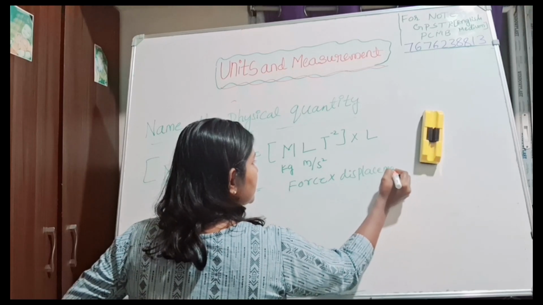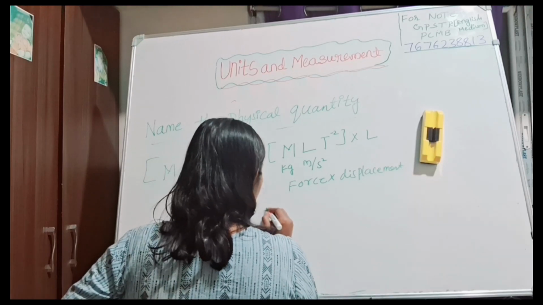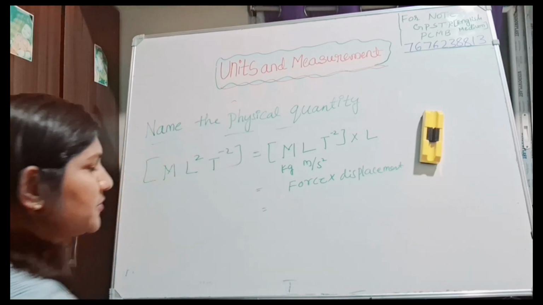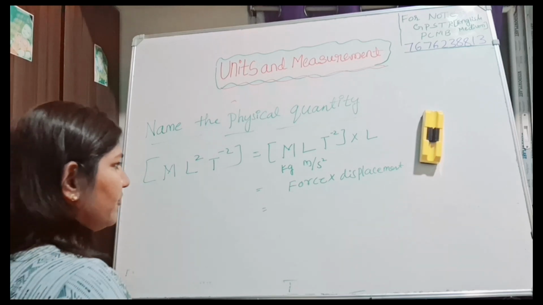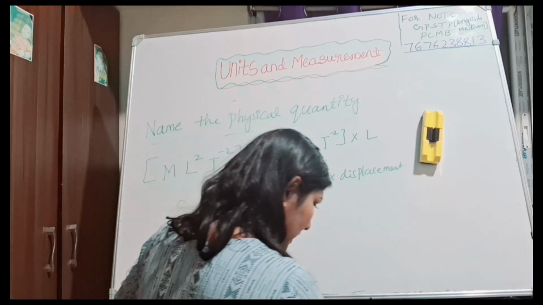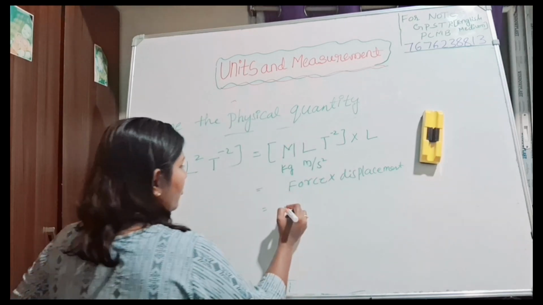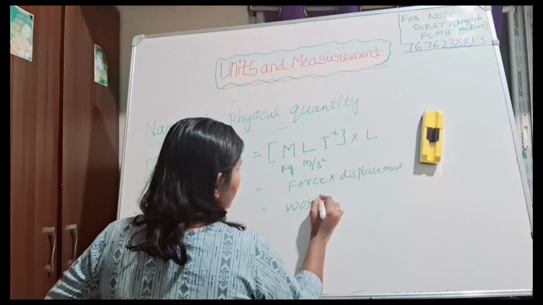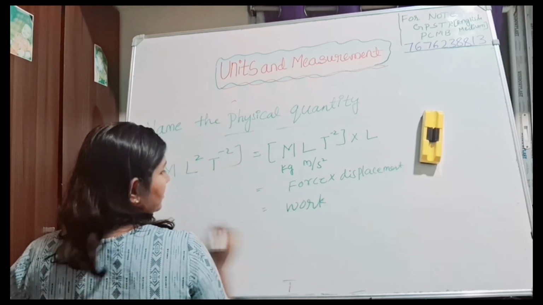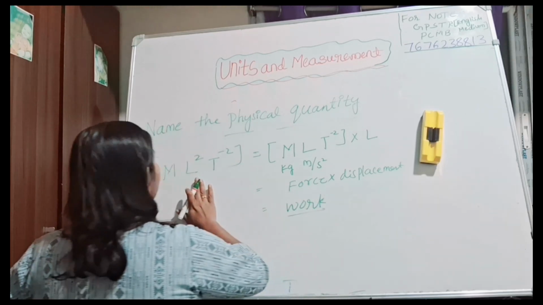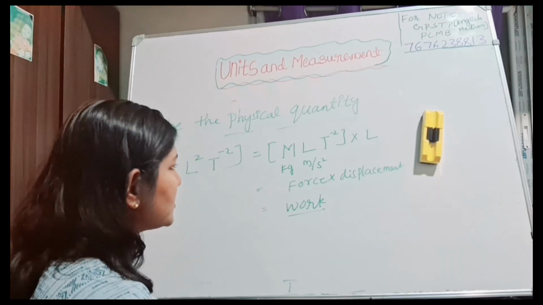What is the force into displacement formula? Last time we wrote force into displacement, that is work. So now we got the physical quantity for this dimension, that is work.